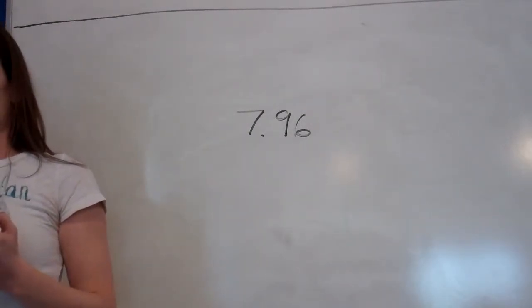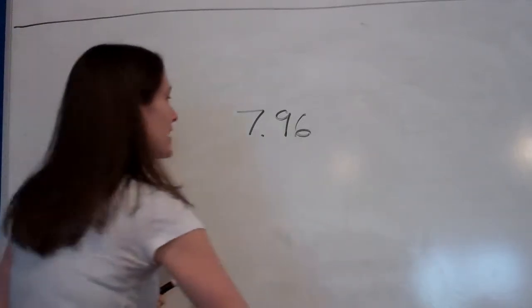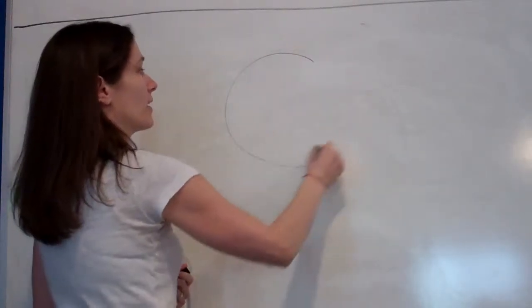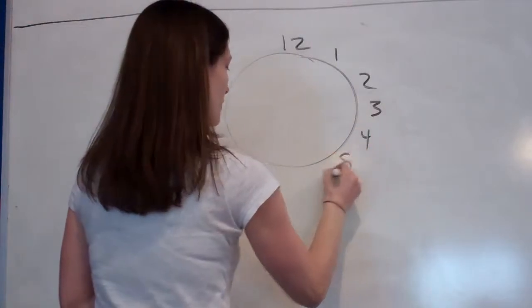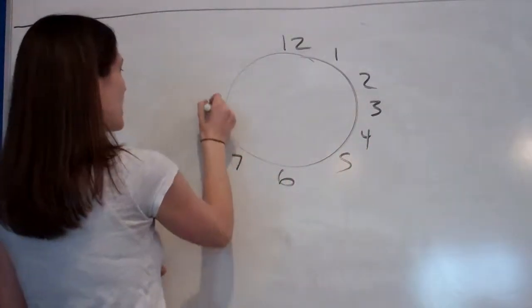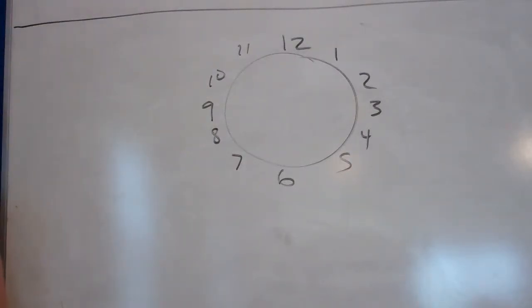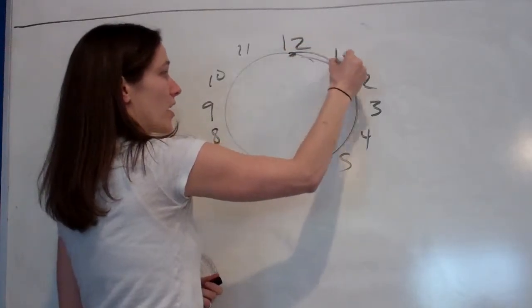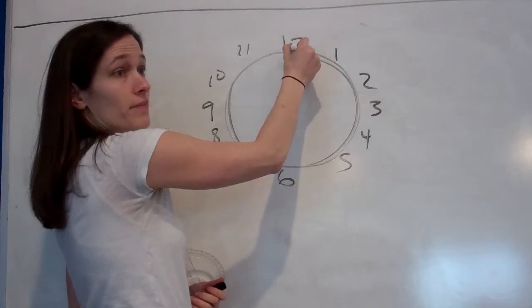What I need you to do, when you are estimating, is imagine in your head a clock. You're used to seeing clocks, so you can pretty much determine it by looking at that. Now, if I go from 12 all the way around back to 12, how many degrees is that? 360.